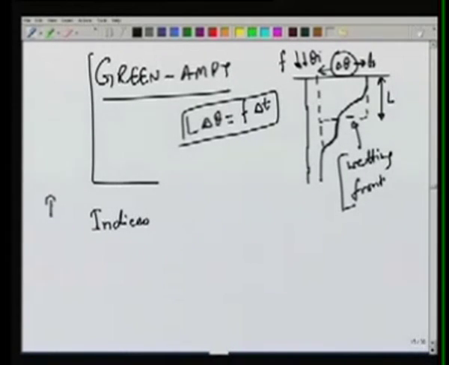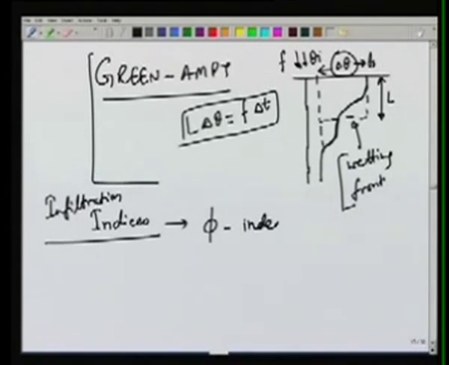uses infiltration indices, and the 2 common indices which are used are known as the phi index and the W index. Now, these represent the average infiltration rate.